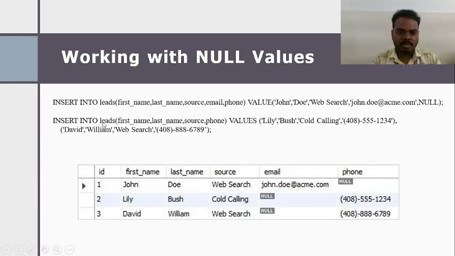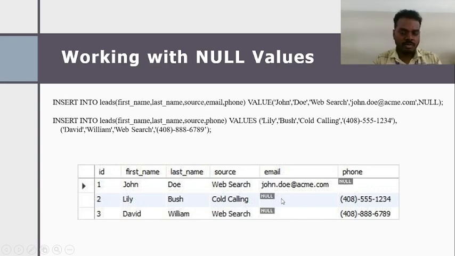In this insert, I'm going to provide only first name, last name, source and phone number. Since ID is auto increment, once you insert the record the ID will be automatically incremented: 1, 2, 3, 4 and so on. I have not mentioned my email, so it will automatically take that as null.